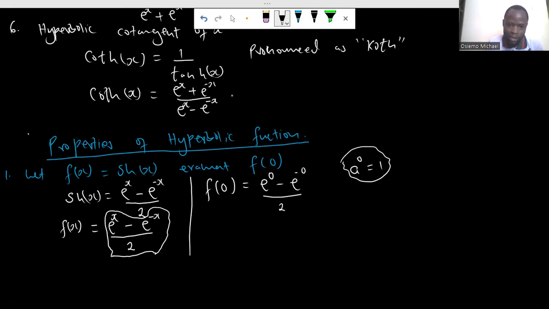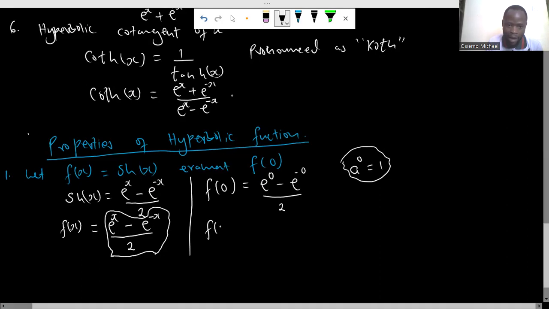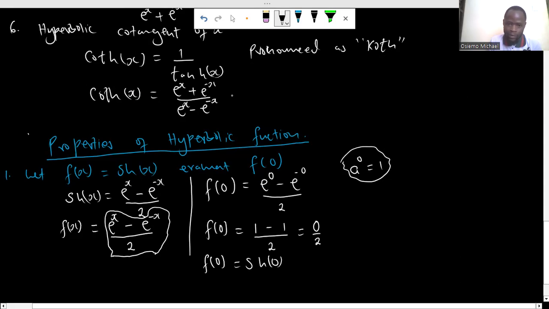So it means we are going to have our f at 0 is equal to 1 minus 1 over 2, and this is equal to 0 over 2. So this simply means that our f at 0, which is equal to sine hyperbolic at 0, is equal to 0.